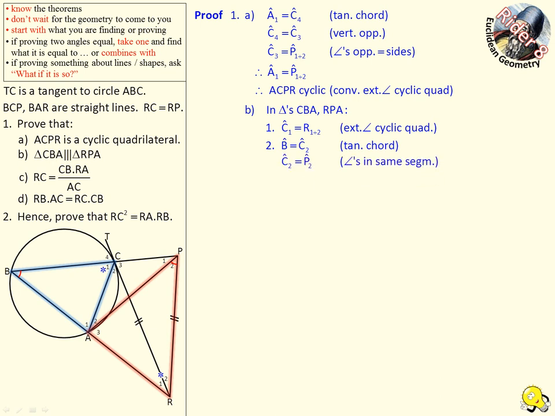C2 equals P2, angles in the same segment, therefore B equals P2. And finally, A1 and A3 are equal by angle sum triangle, the remaining angles in those two triangles. So therefore we have triangle CBA similar to triangle RPA. And notice angle C equals angle R, angle B equals angle P, and angle A1 equals angle A3.